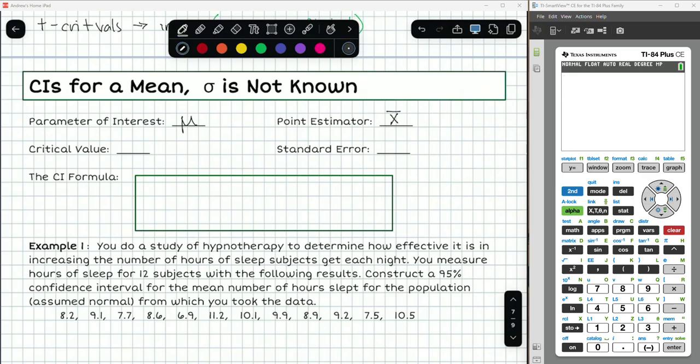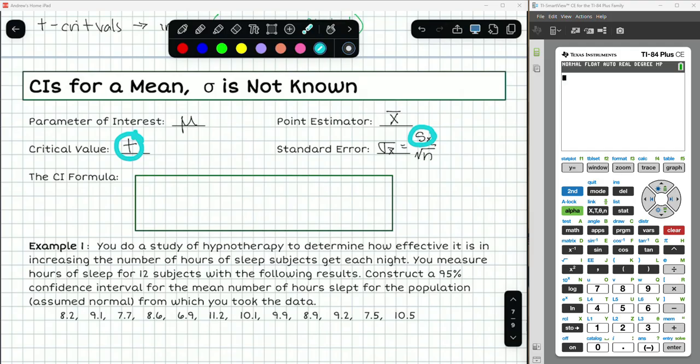My critical value is now a t value because I am using the student t, and my standard error, sigma x bar, I am estimating with Sx over the square root of n because I don't have sigma. So these things are the big change from CIs where we do know sigma.